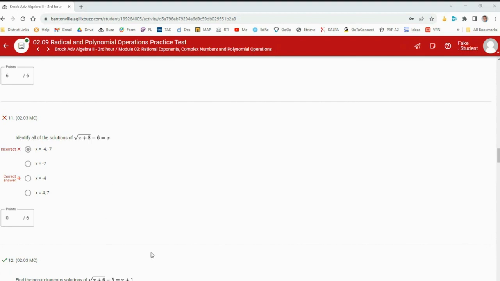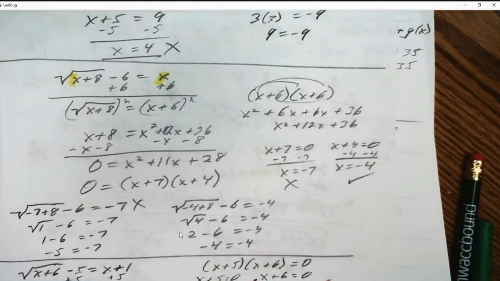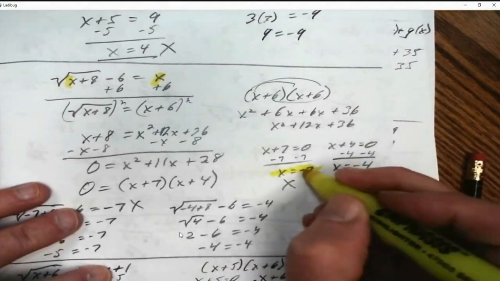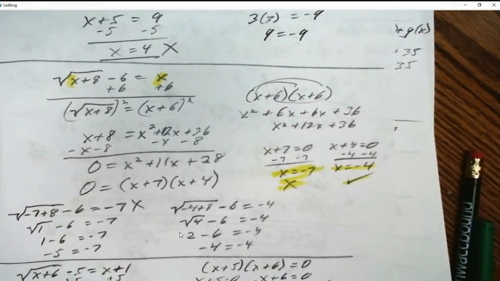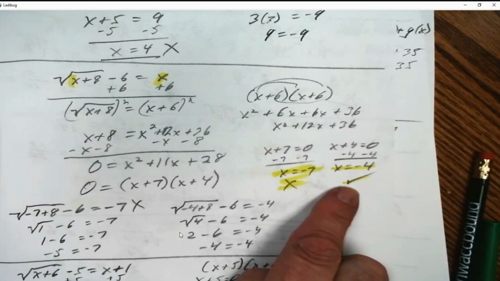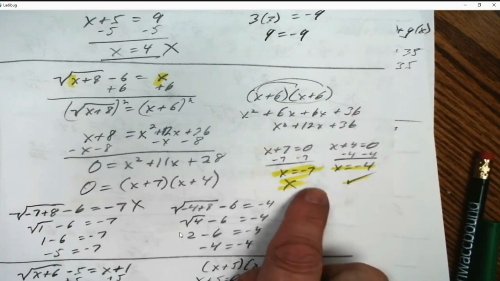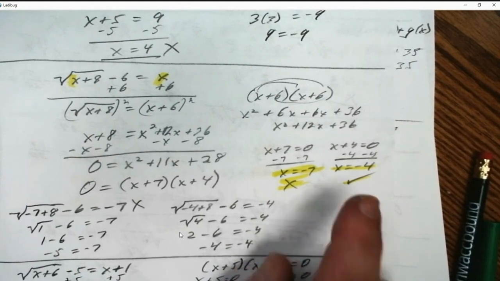So that's important to realize. Because here's the work we did on that one. And we went back and we said, this is a good one. This is extraneous. So when they say all the solutions, they mean all the solutions that work. Throw out extraneous. They want the ones that work.